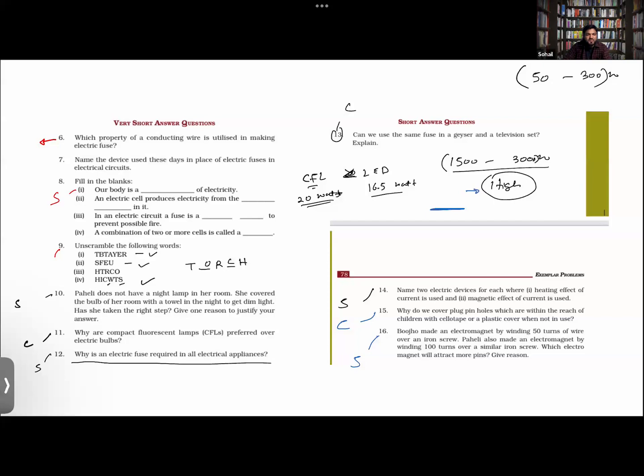That is the reason why it is covered. Also, it prevents damage, sir. If any liquids or objects mistakenly enter the sockets, that can cause short circuits, and it can also damage the appliances. Exactly. And it can lead to fire.